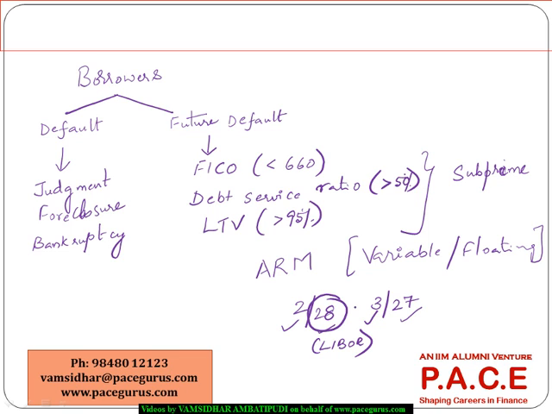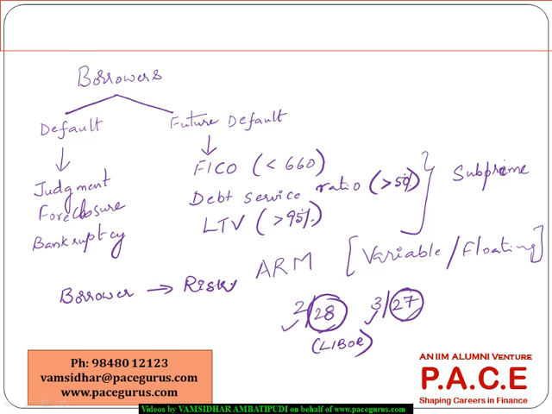What we observe in this process is that because everything is floating, the borrower is absorbing the risk. Whereas in a regular fixed rate loan, the lender is absorbing the risk, in typical subprime mortgages the borrower absorbs the risk, because most of them are floating loans. So this is how we categorize a typical subprime borrower.